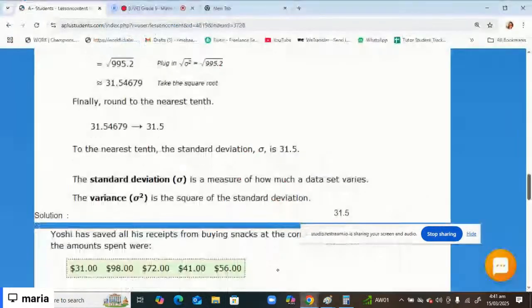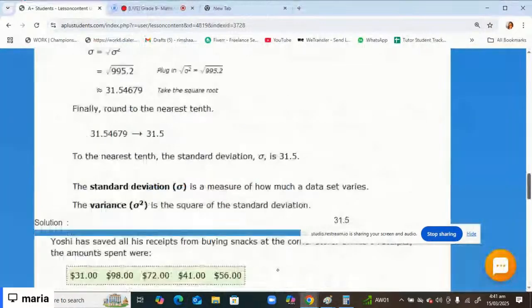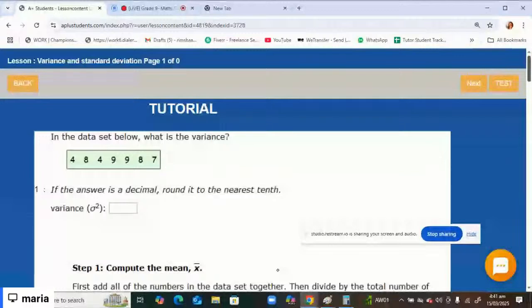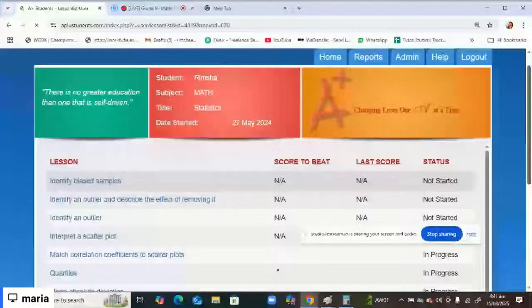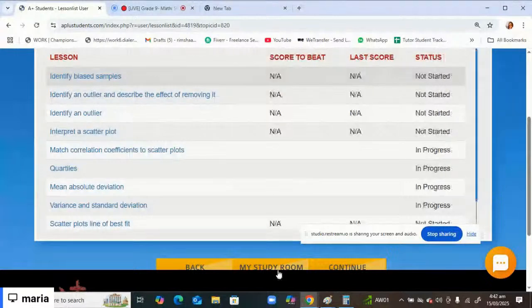Hope you guys understand the lesson. These are all the lessons we discussed today. Make sure before starting the next session, you practice all these lessons. Today we discussed the chapter called statistics, and the lessons were: match correlation coefficients to the scatter plots, quartiles, mean absolute deviation, variance, and the standard deviation.